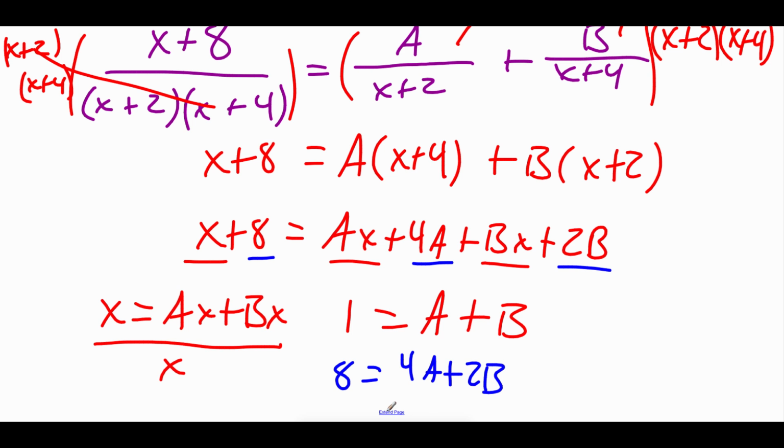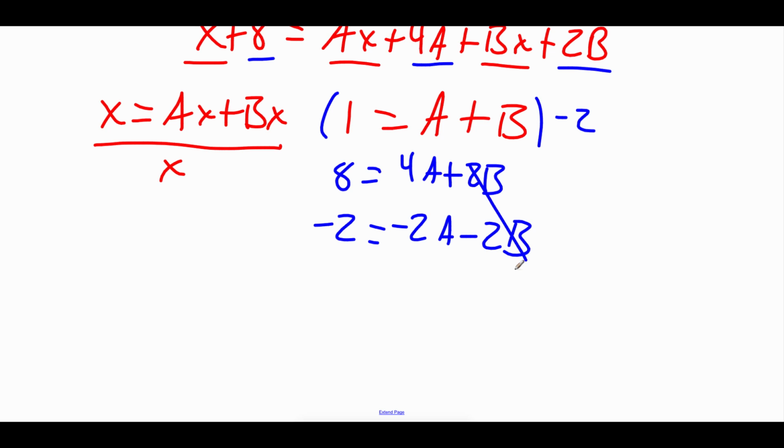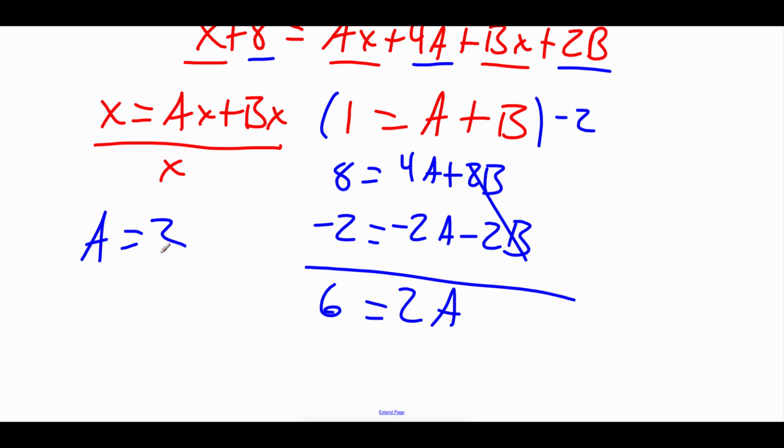And now we're solving for each of our variables. I am going to multiply the top equation by negative 2, so we get negative 2 equals negative 2a minus 2b. Adding these two blue equations together, those two b's cancel each other out. We get 6 equals 2a, so our a value is 3.